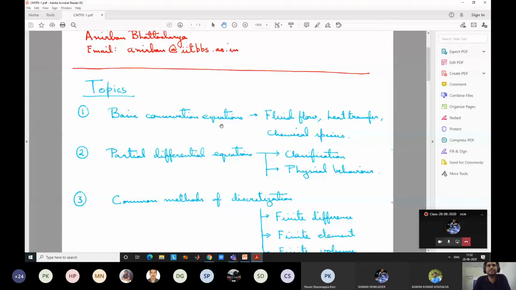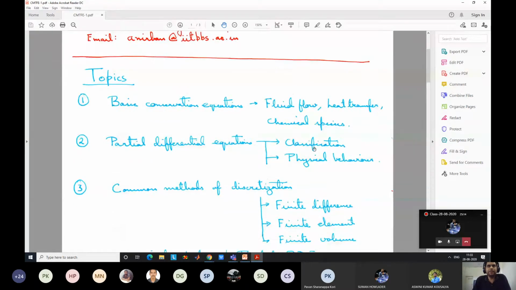We will see that all these equations are of a similar pattern, and that is a very important realization, because once we see that, we know that we can use similar numerical techniques to solve them. It will help us significantly in developing CFD models, because we can develop a model for one of them and use the same model for other types of equations also.